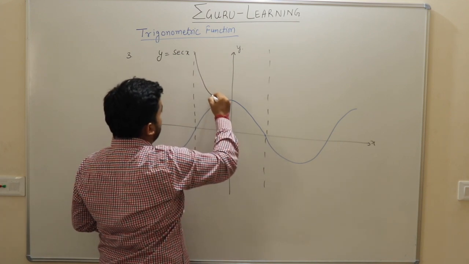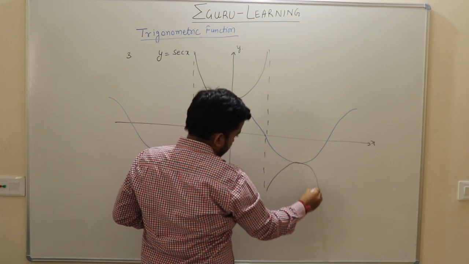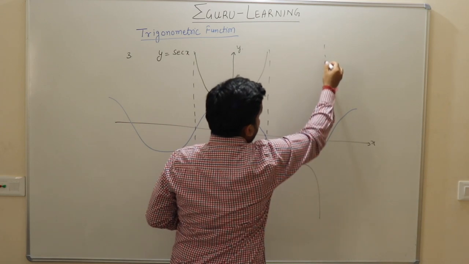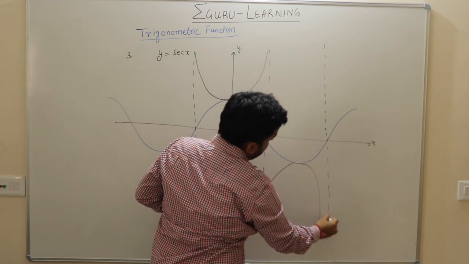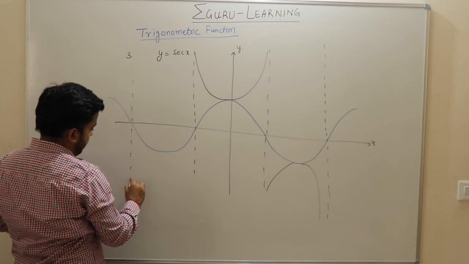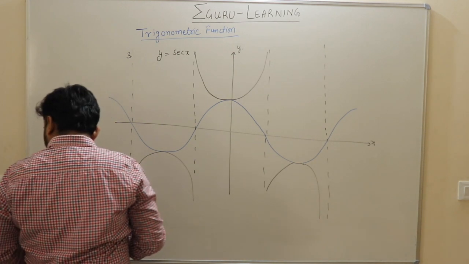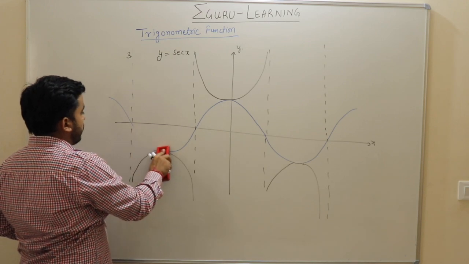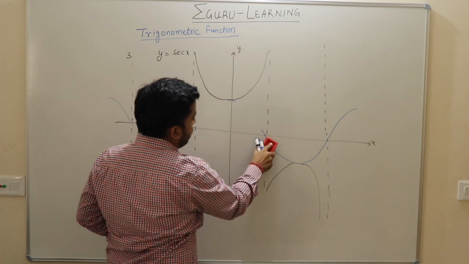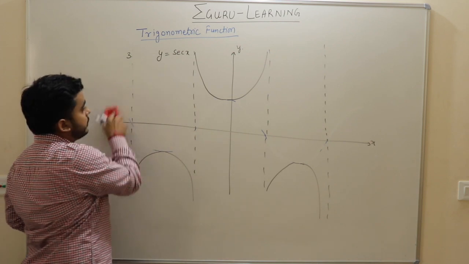So this graph here is like this. Okay, and here it would be like this. Now we will remove the graph of cosine x, and the rest of the graph that you will see is the graph of secant x. So this is the graph of secant x.